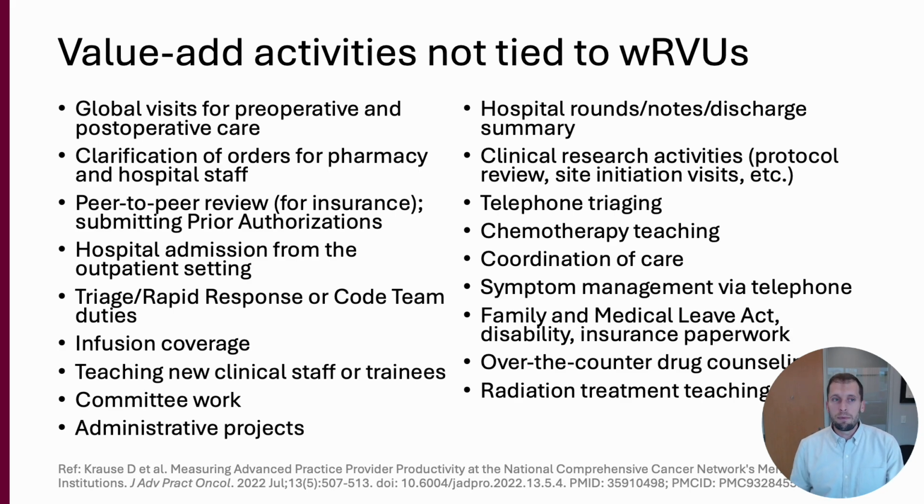Peer-to-peer review, getting prior authorizations submitted, hospital admissions, rapid response code team duties, right? Committee work, teaching, precepting is not going to generate any WRVUs, is not going to generate revenue, but it's super, super important. And so it's not necessarily fair to base somebody's evaluation just on how many WRVUs they produce.